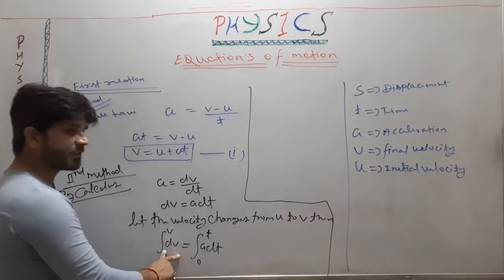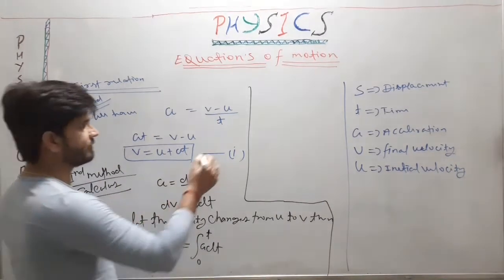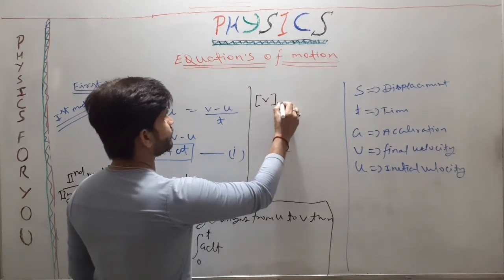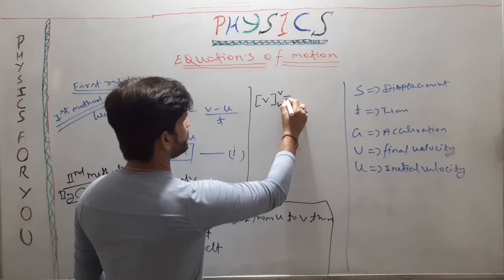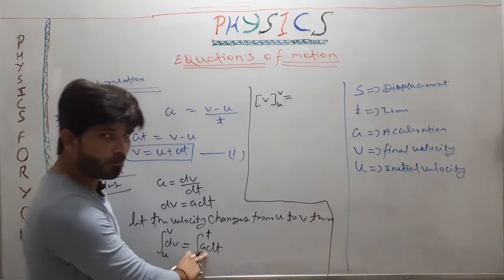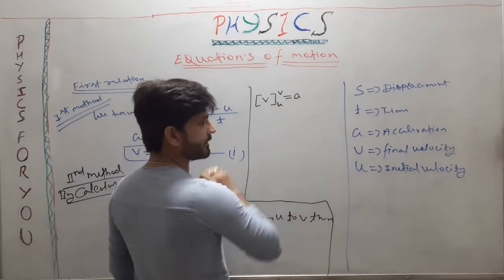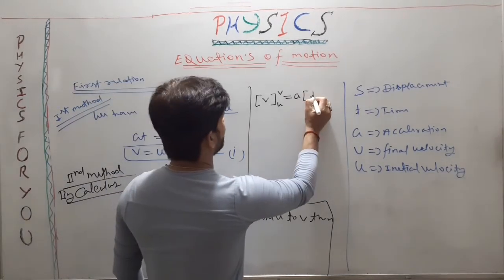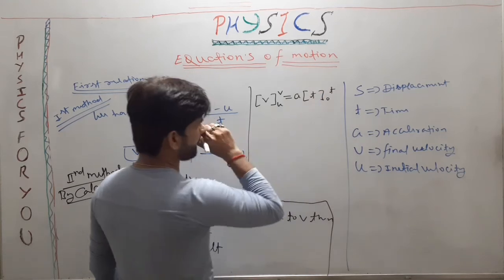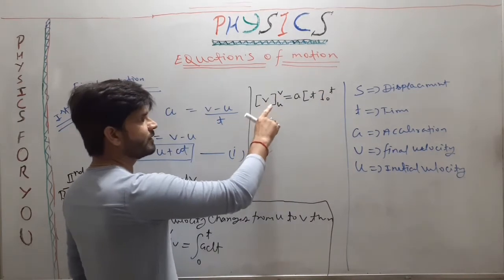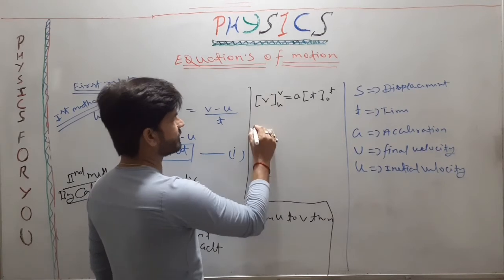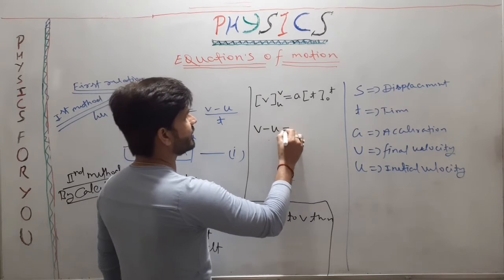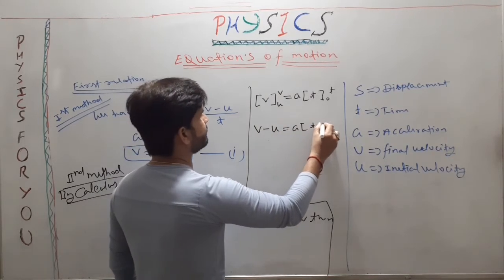What is the formula of integration? Integration of dx is x, that is, integration of dv is v, but we have the limits u to v. This equals a times the integral of dt, where a is the uniform acceleration, so it is taken out of the integration, and integration of dt is t, with limits 0 to t. According to the formula, the upper limit replaces the function, that is v, minus the lower limit replaces the function, u, equals at minus 0.